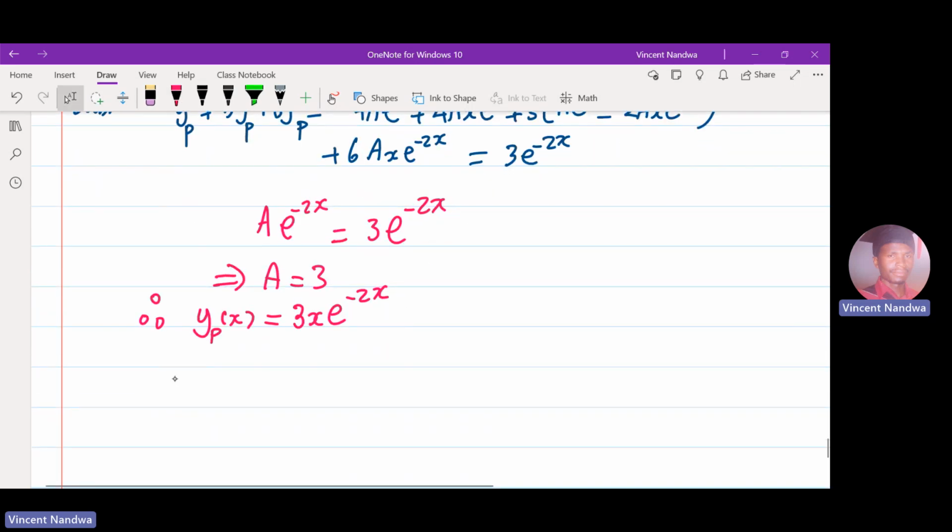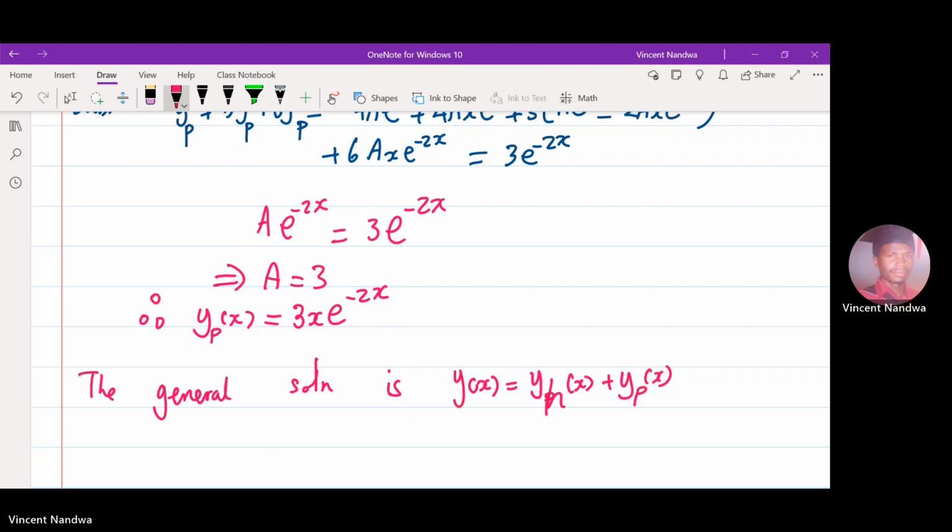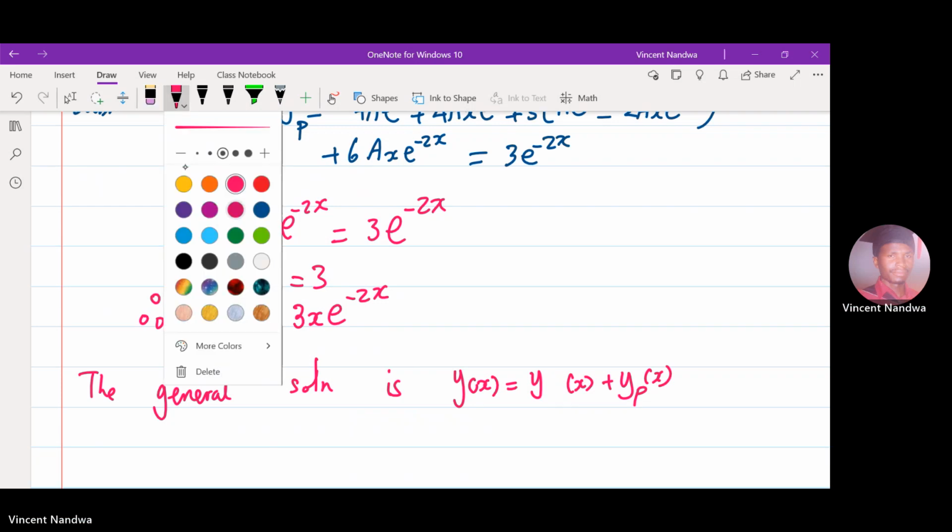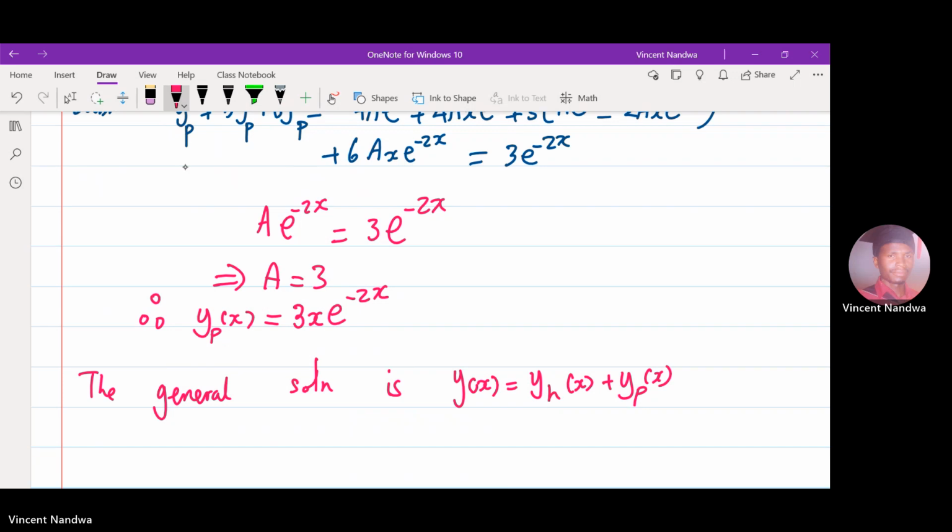So the general solution is y of x equals YH plus YP, which will be given by y of x equals c1 e power minus 2x plus c2 e power minus 3x plus 3x e raised power minus 2x.